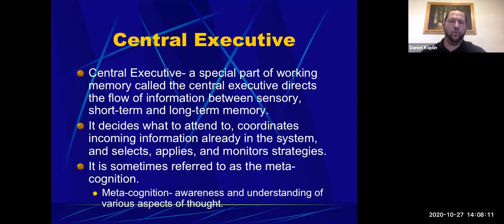So what directs that process is what we call the central executive. So this is a special part of working memory that directs information from between sensory to short-term memory and short-term memory to long-term memory.